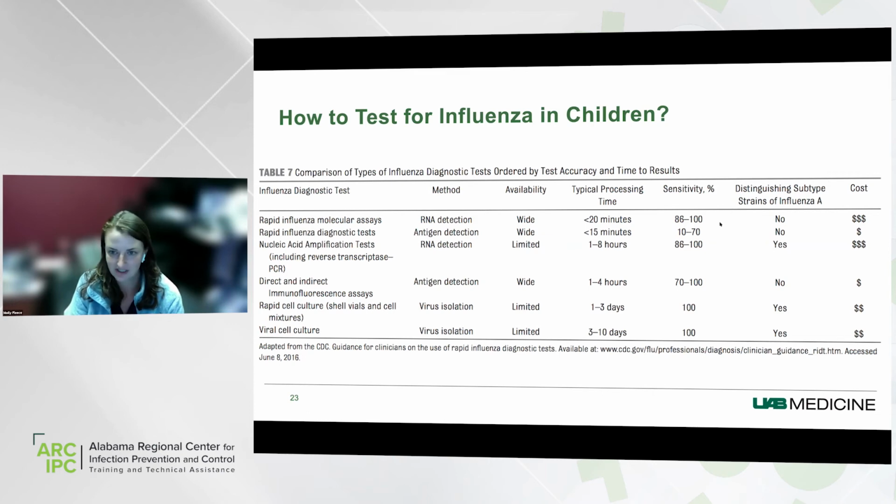Whereas with antigen detection, sensitivity is much lower. And so you may miss cases as well. Other ways to detect flu with culture, like you might with other bacterial infections, is really rather limited and not relevant to basically any pediatrics office. That would be more in the research setting.